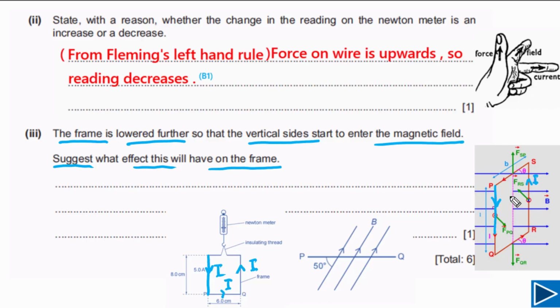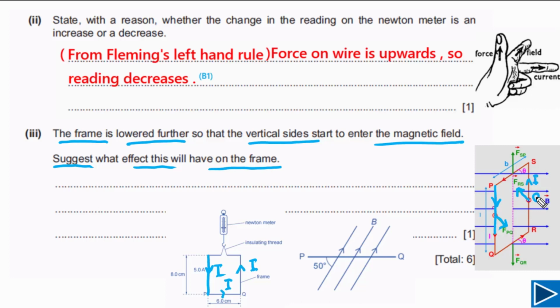Now if you look at these two sides, there is a force on this side. That force is actually out of the page. And because the direction of current is reversed, the force on this side is into the page. So one force is out of the page, one force is into the page.